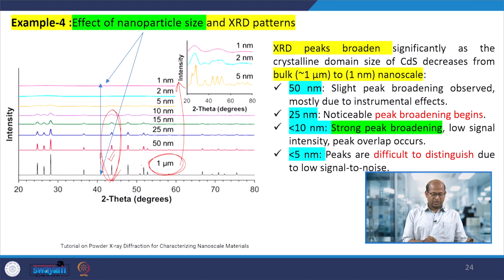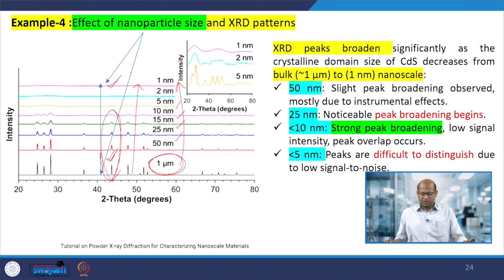Gradually it changes from 1 micrometer to 50 nanometers, 25, 15, lowering our dimensions, meaning we converted the material into nano size. Then we can observe the peak gradually going from sharp to broadened.